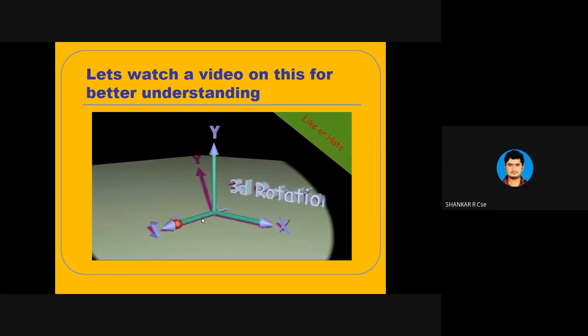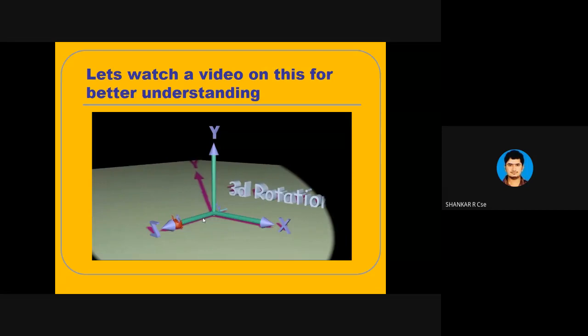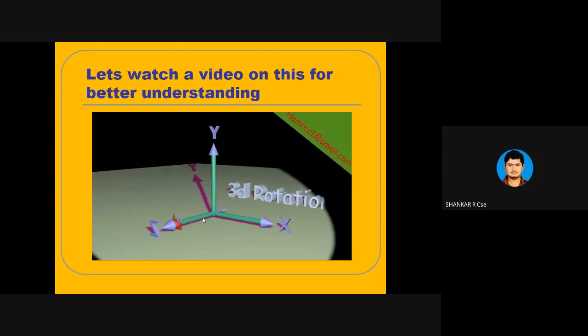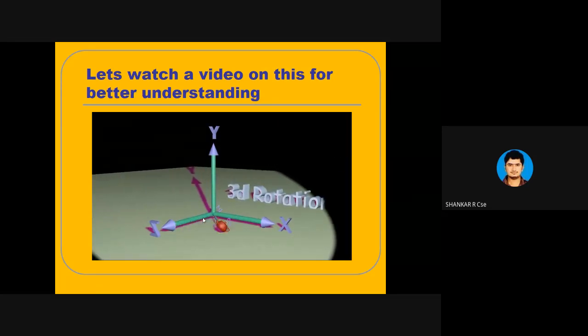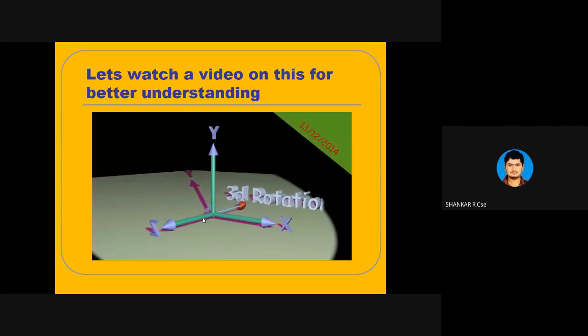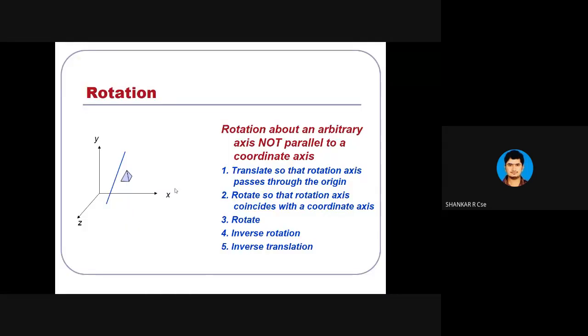It involves x and y as well, of course. Third one, rotate it with respect to the z-axis. Fourth one, rotate back to origin. Fifth one, go back to wherever you were. That's the reason I told you, these 5 steps.